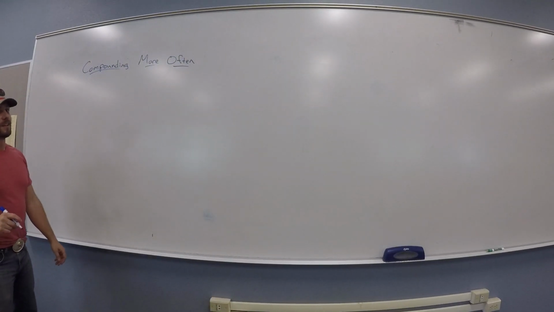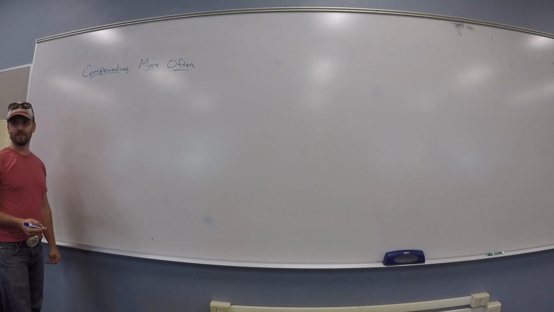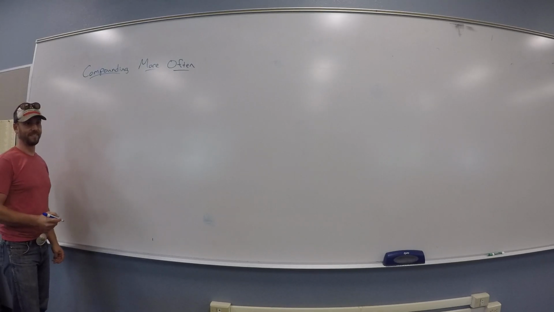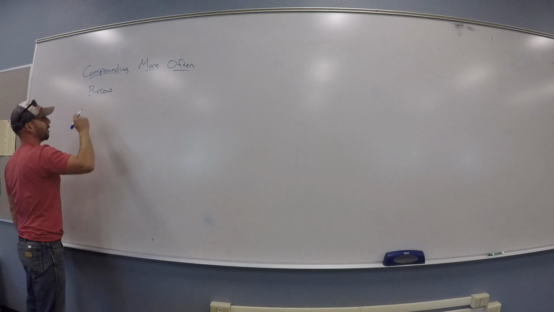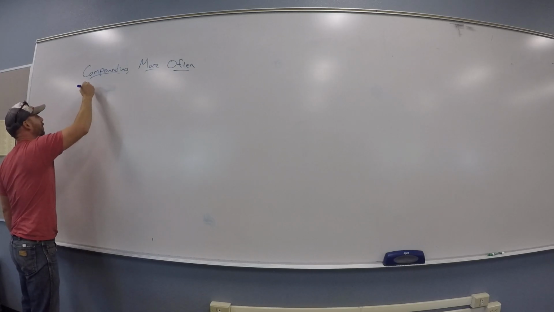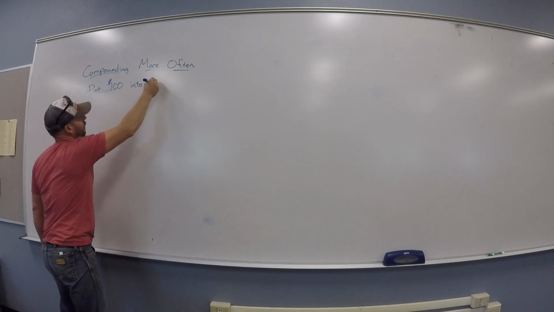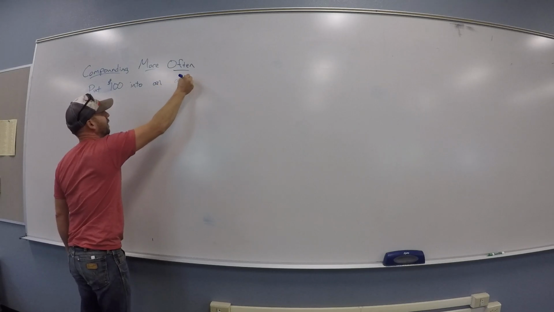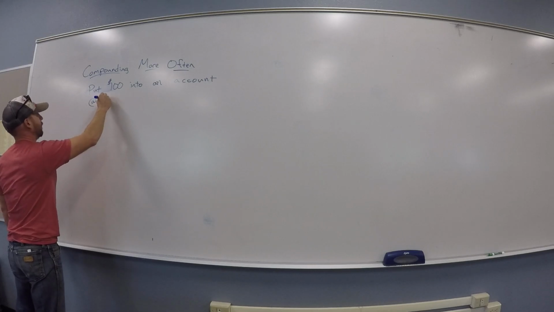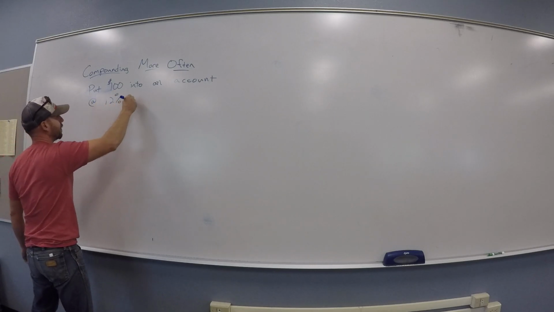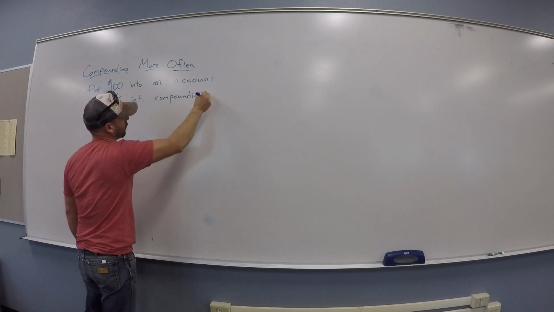Okay, so let's suppose that you're compounding more often than yearly, like monthly or daily. Let's do our same setup. We're going to put $100 into an account at, oh what the heck, let's do 12% interest, compounding monthly.